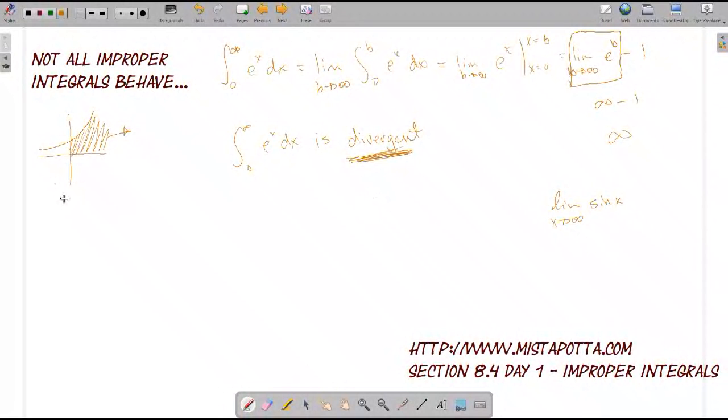And it's really easy to see what the situations are. The two examples we've talked about, e to the x and natural log x, these are all situations where as x increases, our function also increases without bound.